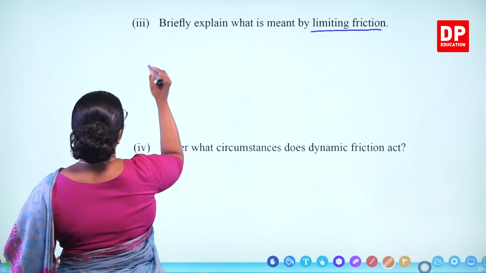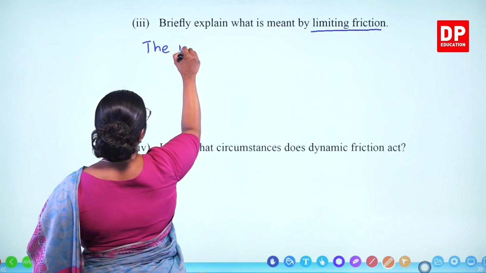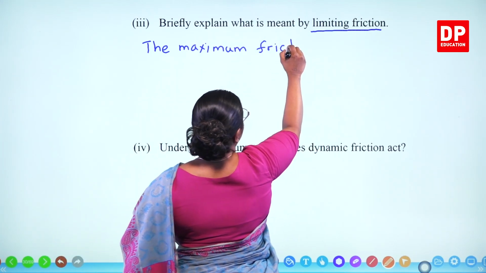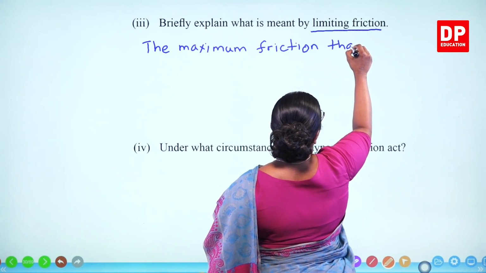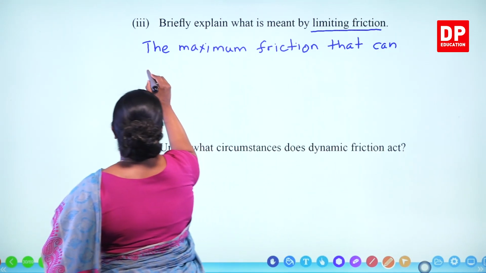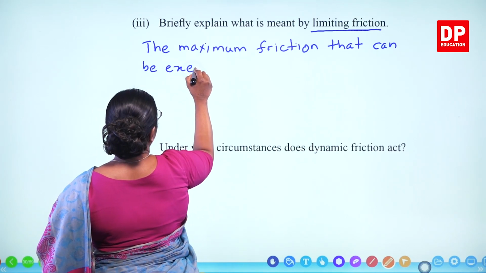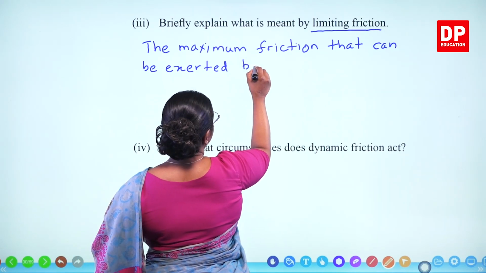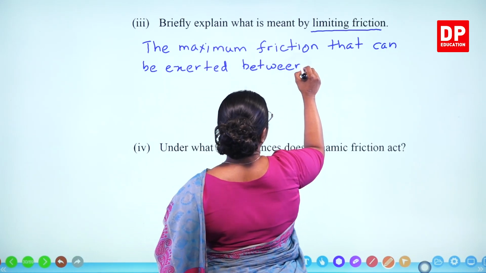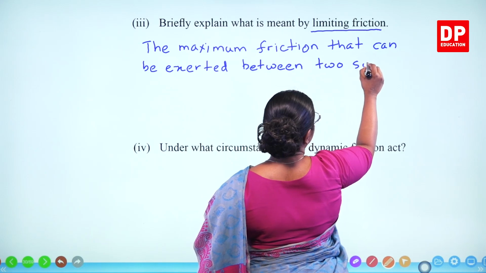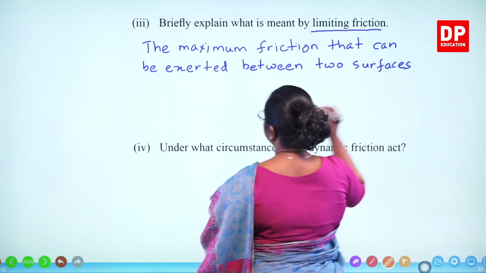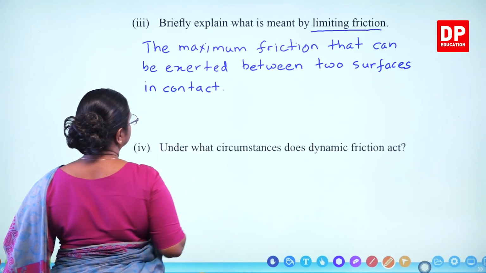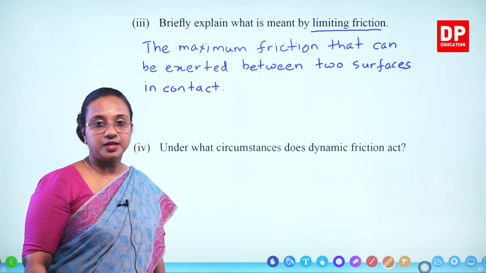So we can explain it as the maximum friction that can be exerted between two surfaces in contact. That is the limiting friction.